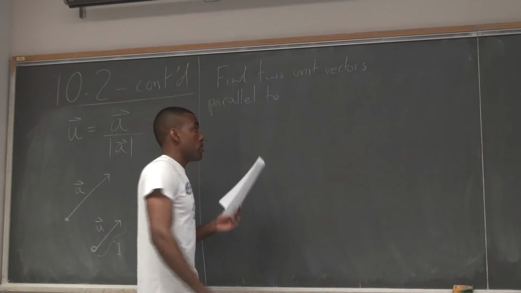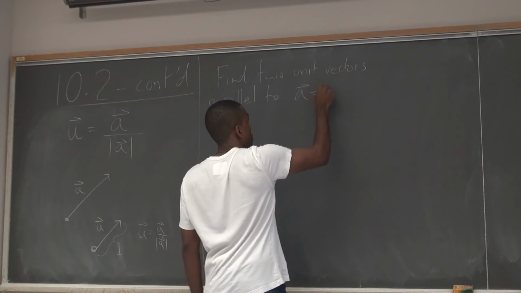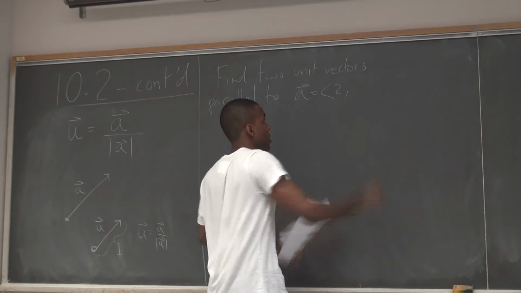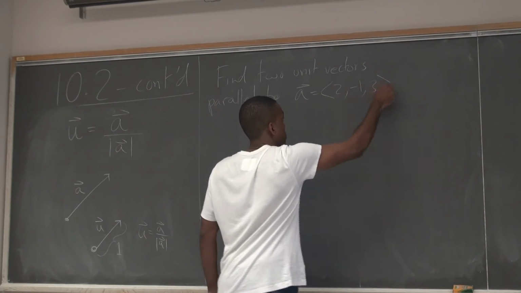Find the unit vectors parallel to the vector A equals 2, minus 1, 3.